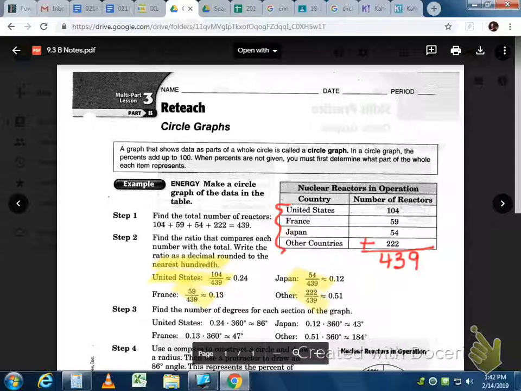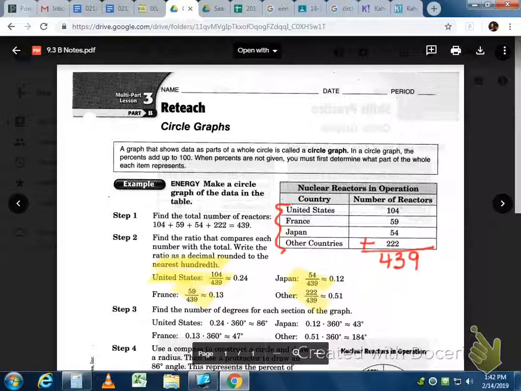They did each one of those, divided it out, and rounded to hundredths. So United States would be 24%. Japan would be 12%. What percent would other be? 51%. Okay, so you know what percentages you're going to put on the circle graph when you get it done.